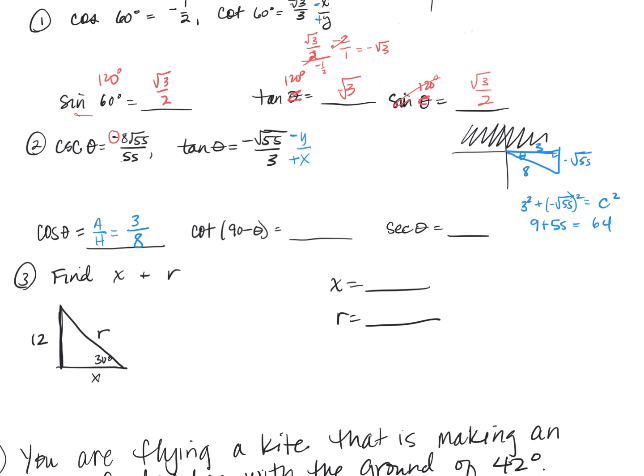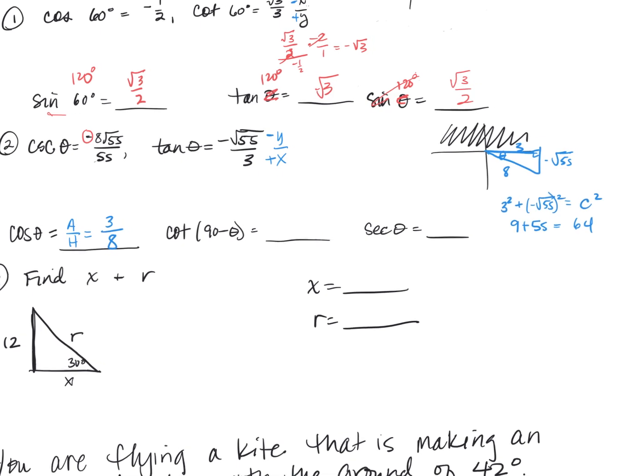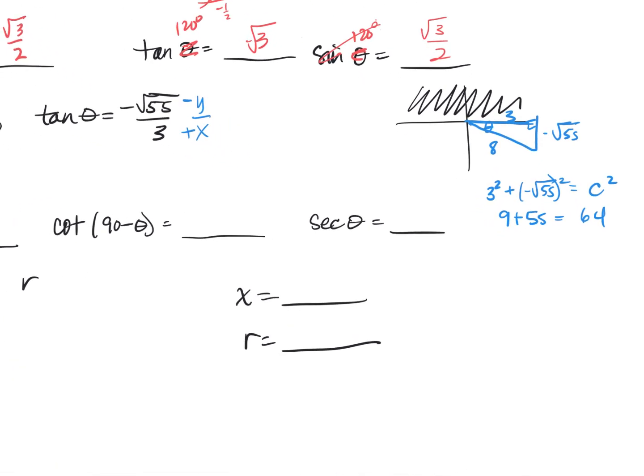I'm going to skip this one for a second because it's really weird, but you'll see how it works in a second. Okay, secant is hypotenuse over adjacent. So in this case, it would be 8 over 3. Right? See how we did it? They could ask you any of the trig functions. You just have to find the triangle, find the missing side, and then find the ratios.